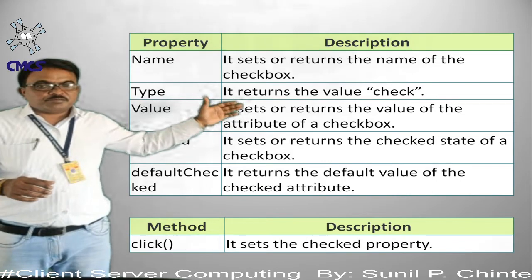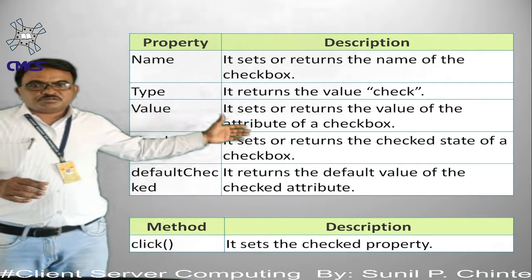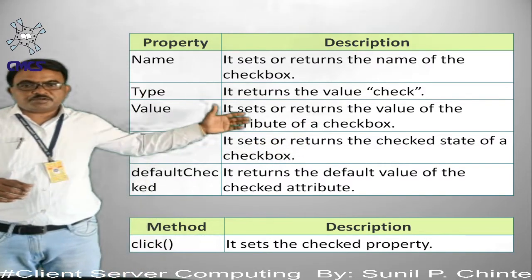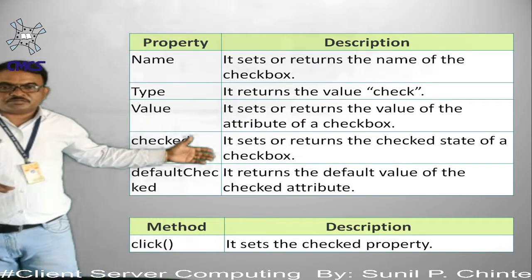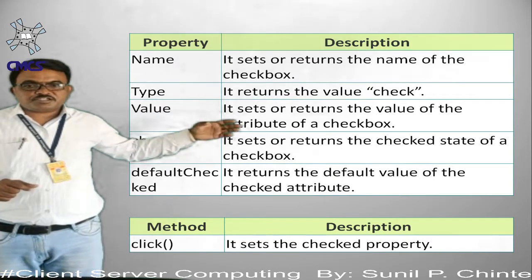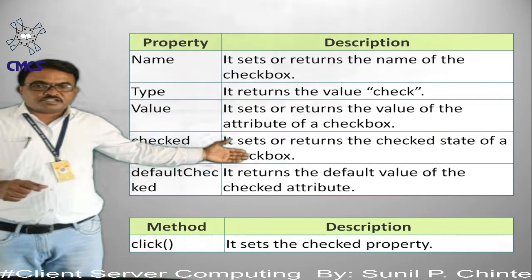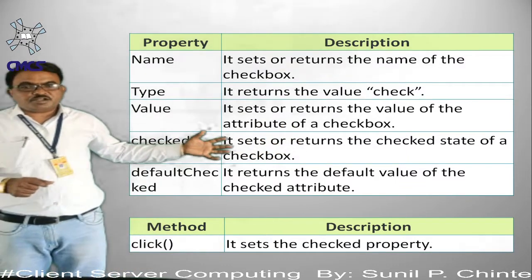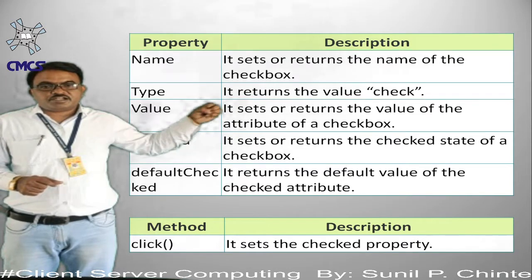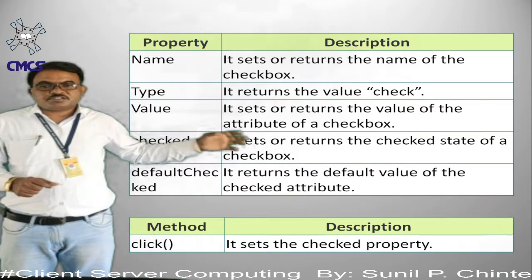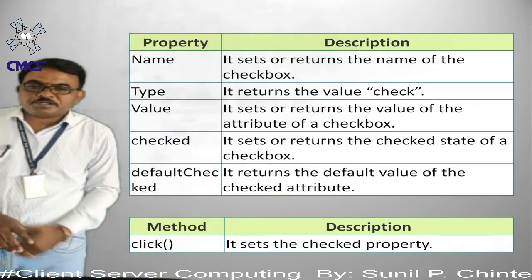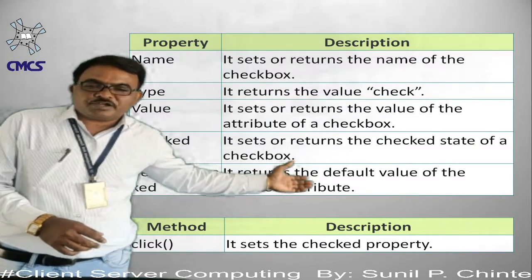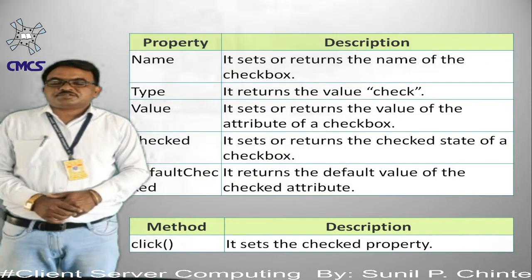The value property sets or returns the value attribute of a checkbox. मीन्स चेकबॉक्स की वैल्यू रिटर्न करता है. Checked sets and returns the check state. If you want to set or return the check state of the checkbox, then we can use the checked property, and the default checked returns the default value of the checkbox attribute.